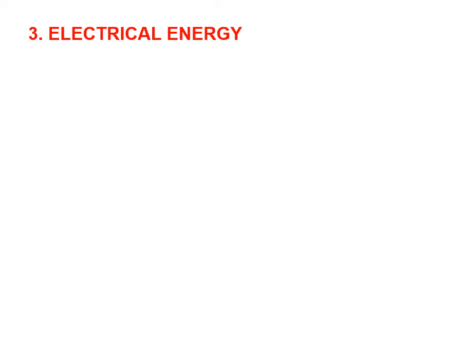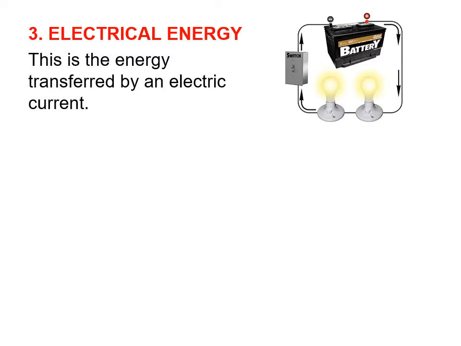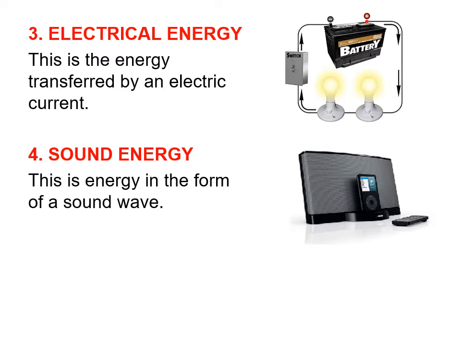You've got electrical energy, which is transferred from, say, a battery into light bulbs, as you can see from the image. And sound energy, which is what you're listening to now in the video. Your computer is creating sound energy, and it's the energy that hits your ears in the form of a sound wave.